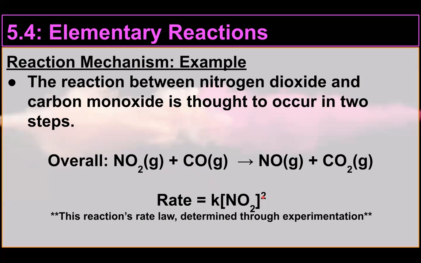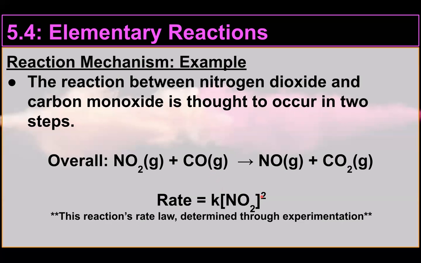So that gives us a little bit of information here. That means that NO2 is important for figuring out the rate law for the chemical reaction, and that CO doesn't actually determine how fast our chemical reaction goes.